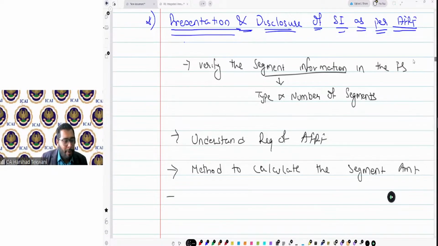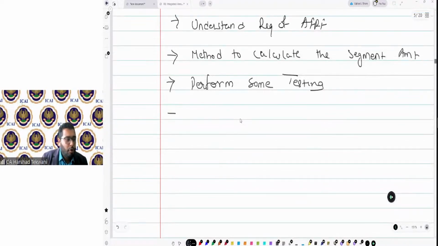Fourth, perform some testing. Fifth, you may perform analytical procedures to validate certain numbers. Okay.